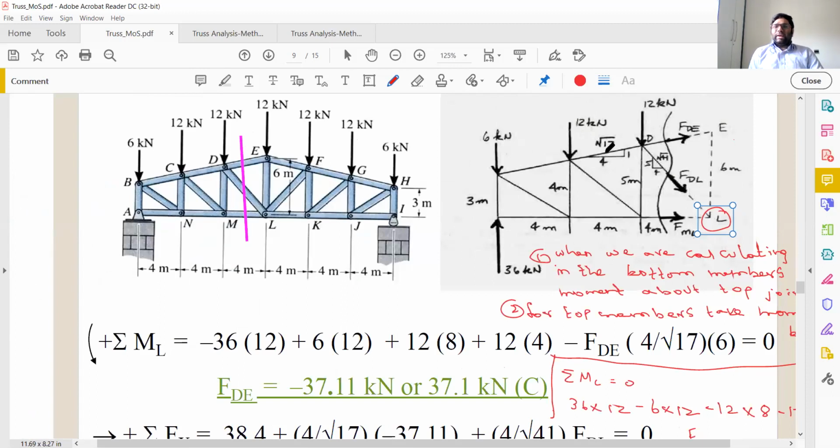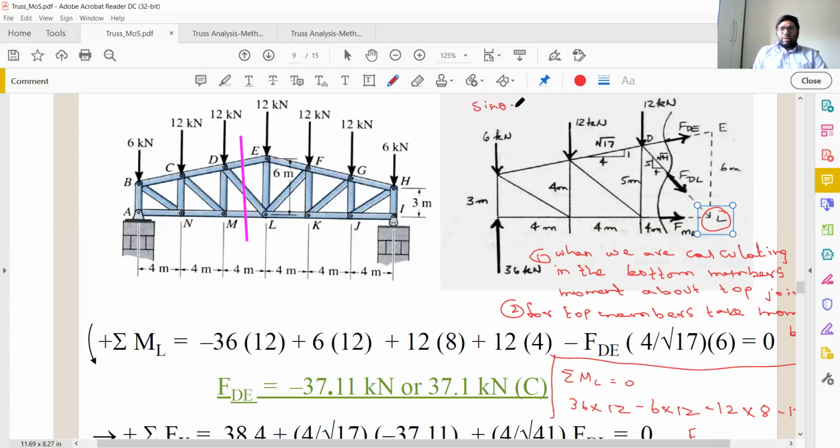See here, FDE is here. So this specific part we need to take. So sine theta, cos theta. What is sine theta? Sine theta will be 1 by root 17. Cos theta will be 4 by root 17. I will write here.